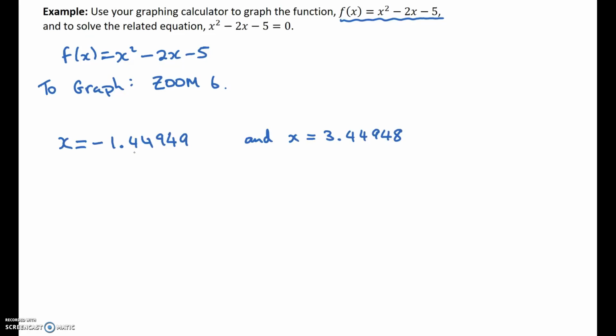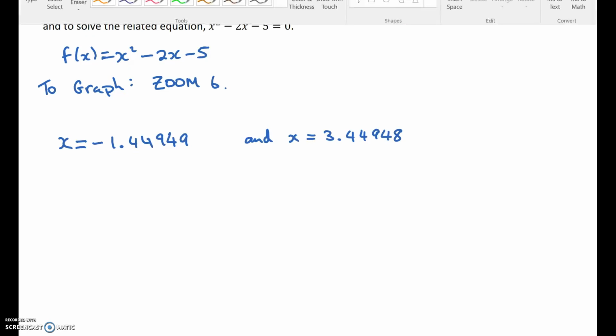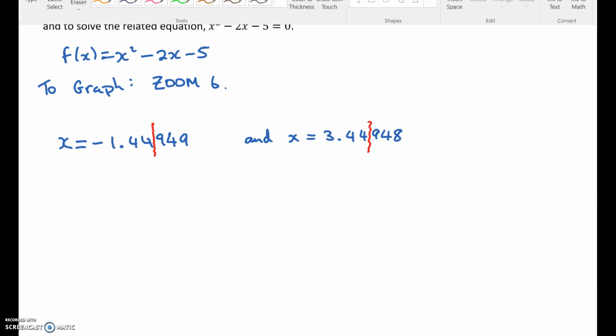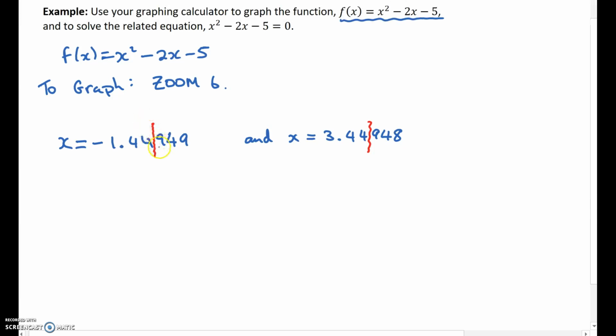Well, if we want to do that, what we'll do is we'll cut them off after the second decimal place, each of them. And then we look at the number that follows our line. Okay, if the number that follows your line is 5 or greater, as it is here, then the digit in front of the line gets increased by 1.